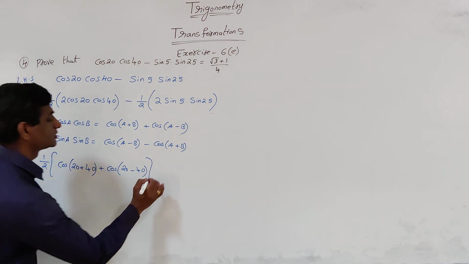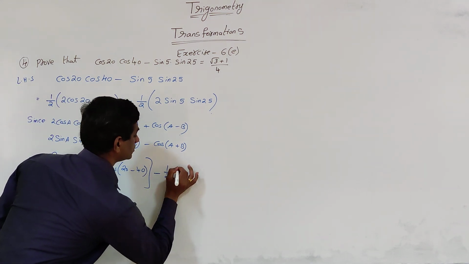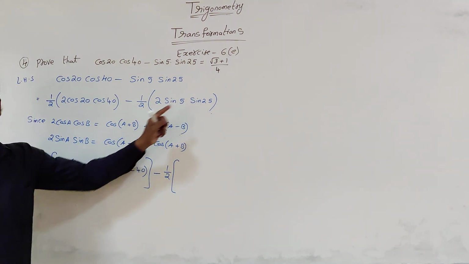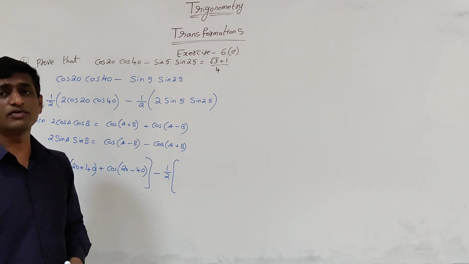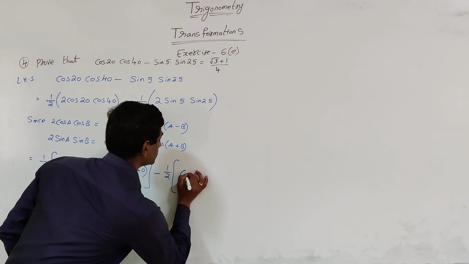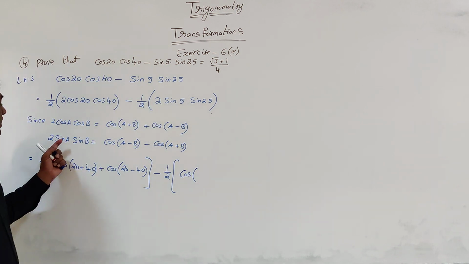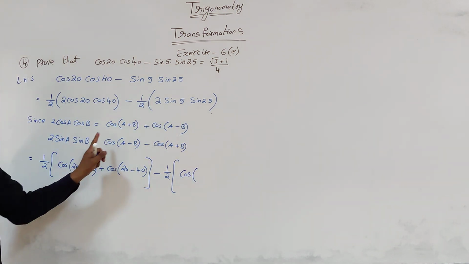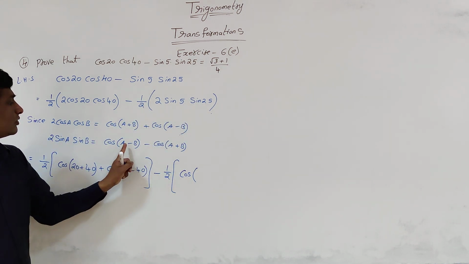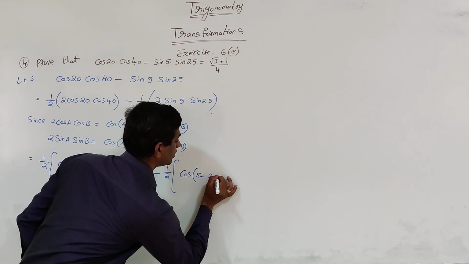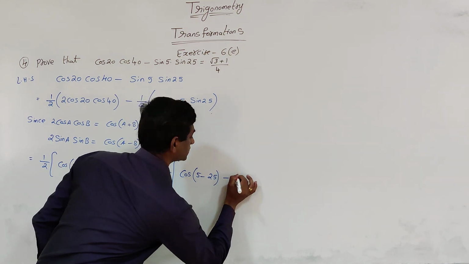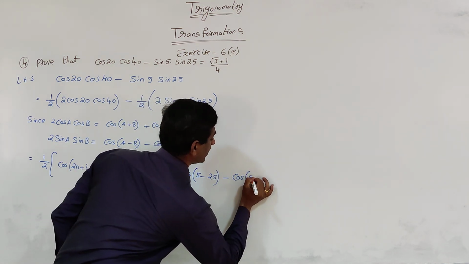Minus 1 by 2 again into 2 sin A sin B, that is cos of (A minus B) minus cos of (A plus B). What is A? 5 and B is 25. Now A minus B means cos of (5 minus 25) minus cos of (5 plus 25).